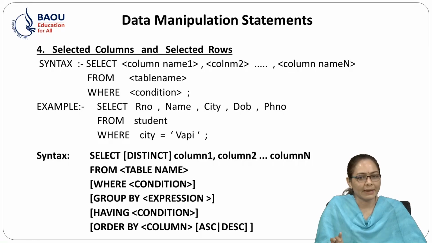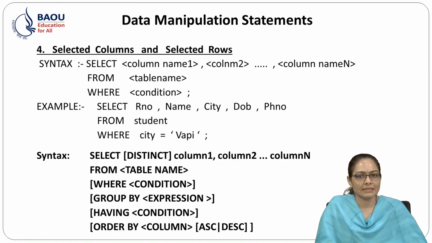The square bracket is optional. So select and from are compulsory because we display the records, then select, column name, from table name is compulsory. But the where condition, group by, having, order by, and distinct are optional.